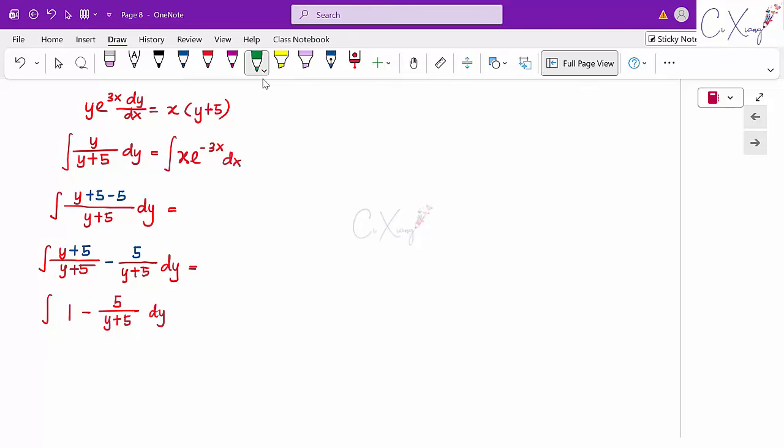So when you want to use integration by parts, we have to use the formula. The formula is the integral of u dv equals uv minus the integral of v du.